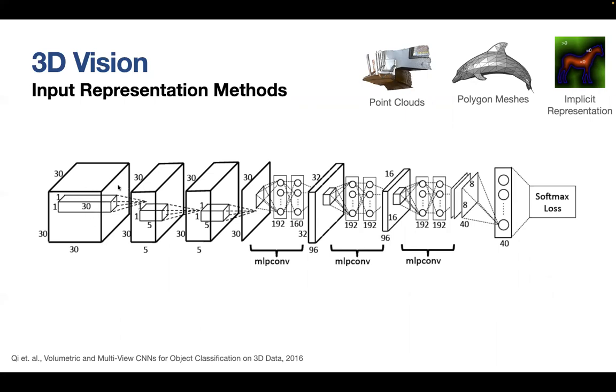Then we do some 3D convolutions on this tensor to get a feature, and then some multi-layer perceptrons to go to our final feature dimensionality, which is 40. Using some softmax, we can do object classification. So 3D convolutions and then MLP: very simple, but a very effective method. This was one of the best methods in 2016.